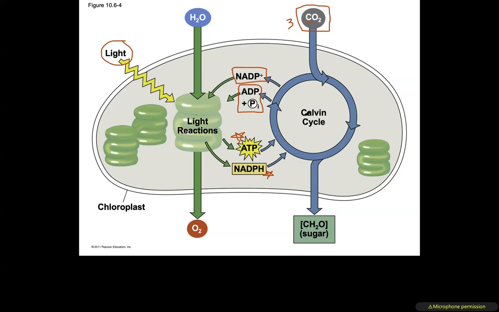ATP is the energy that is going to drive the Calvin cycle. Just like your car needs gas to drive, the Calvin cycle needs ATP to drive. Then your NADPH, if you recall, I called this molecule a high potential energy molecule, but I also called it an electron carrying molecule because it's carrying electrons from the light reaction.